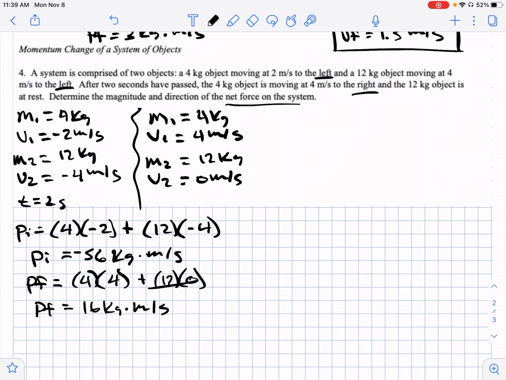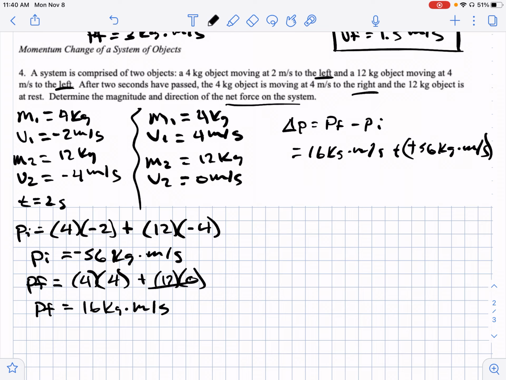Now from here, we have the initial and final momentum, so we can solve for the change in momentum. So your change in momentum is just the final momentum of the system minus the initial momentum. So the final momentum was 16 kilograms times meters per second, and our initial one was negative 56 kilograms times meters per second.